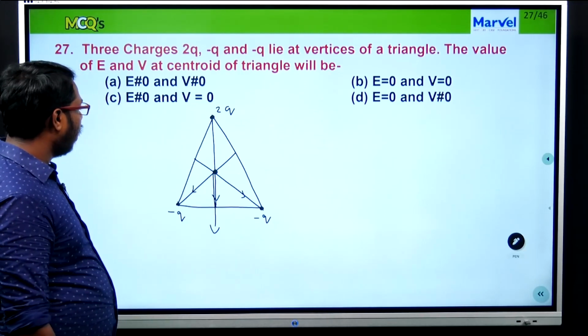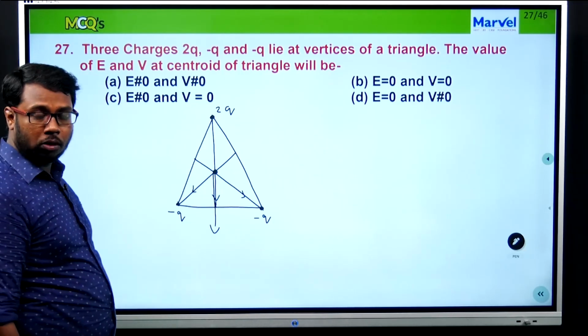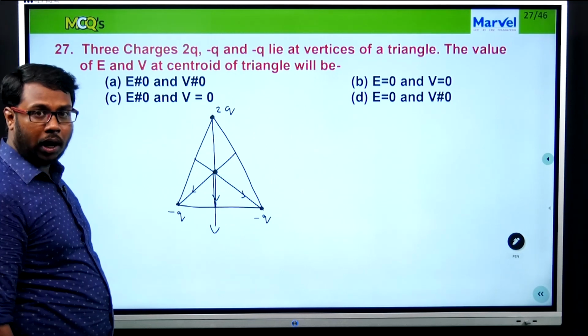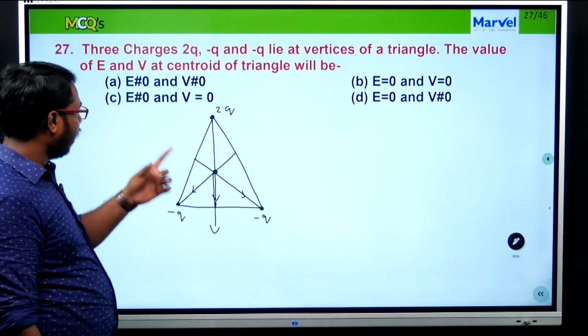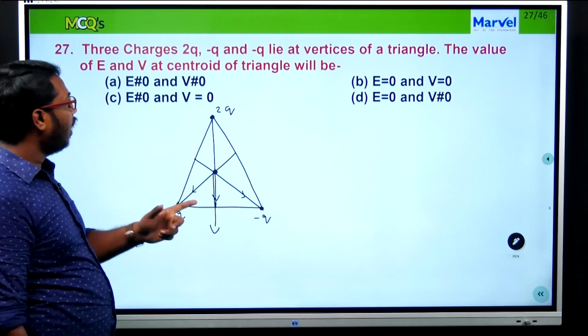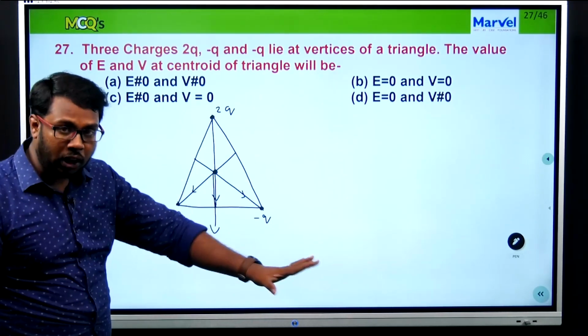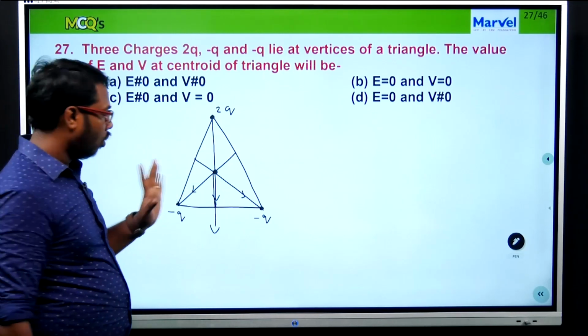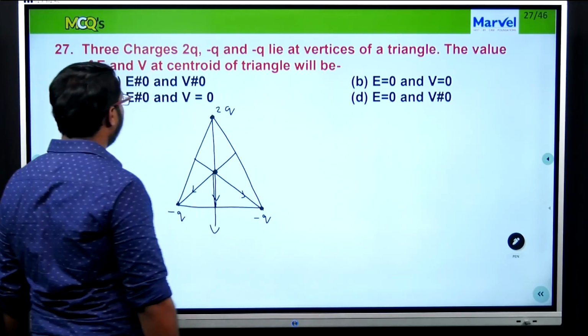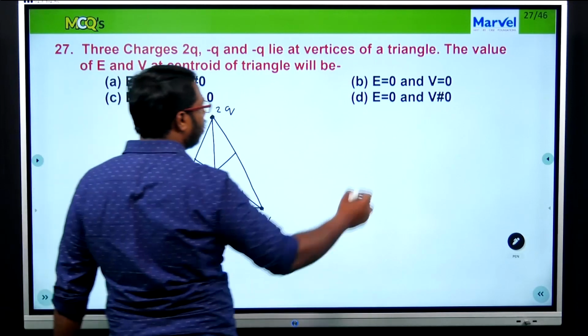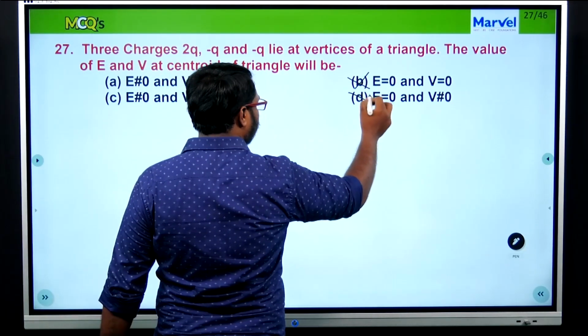So definitely it has got a net force, so definitely it will also have an electric field. So electric field is not equal to 0. With that note, I can eliminate these two options.